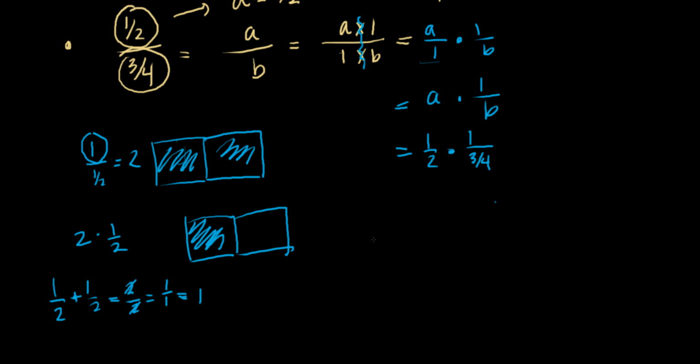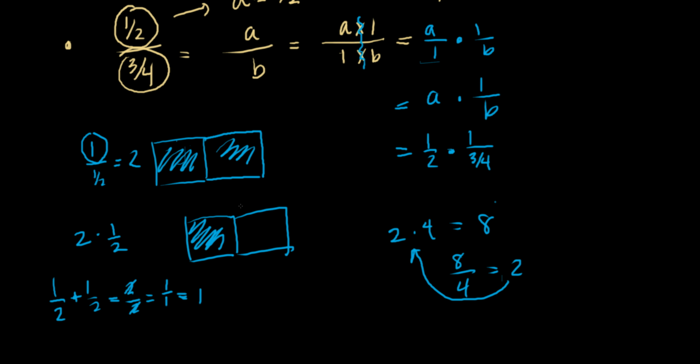So if this seems a little odd, let's think about it this way. Let's do whole numbers for a second. If I multiply 2 by 4, that gives me 8. If I take 8 and I divide it by 4, that gives me the 2, right? That gives me this 2 right here. We see this is the relationship.